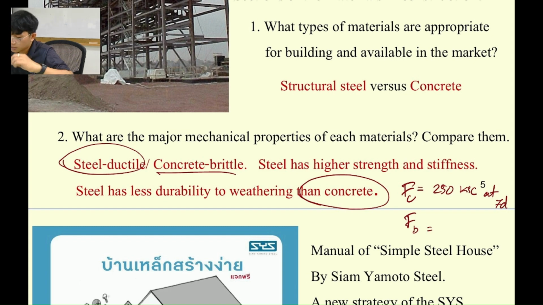How many kilonewton? You test the cylinder, it's 250, am I right? Kilonewton. Yes. And for the bending of the beam, 110 kilonewton. Oh, pretty high compared to the compressive strength.